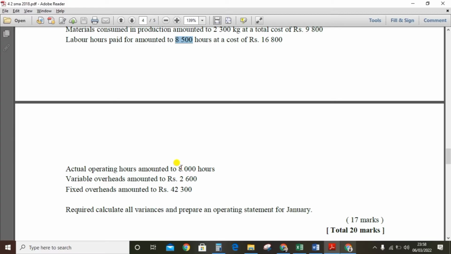There should be some hours for lunch, tea breaks or machine repairs. That's why some of the hours are not efficient for production. That is the 500 hours here. That is idle time.